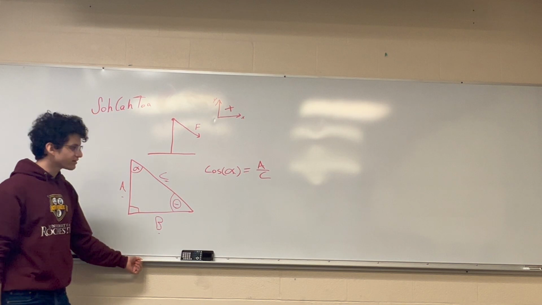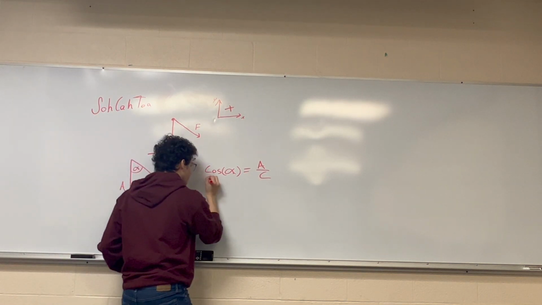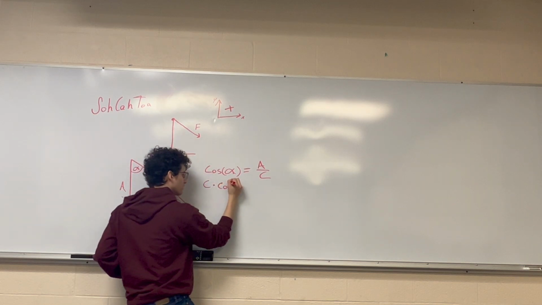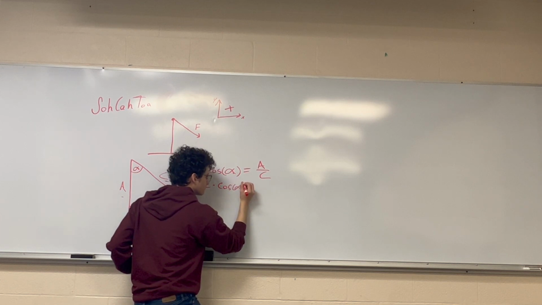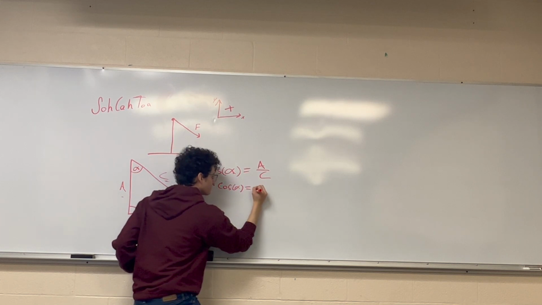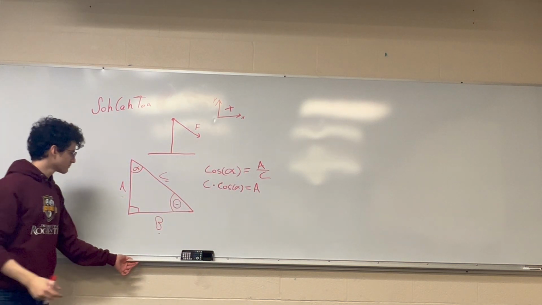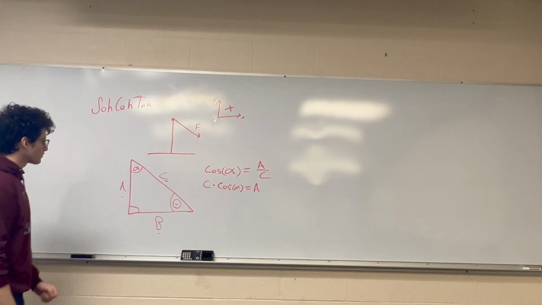But we can also rewrite this, just move this over, multiply both sides by C, and we can find that C times cosine of alpha equals A, right? And if we wanted to find B, we can apply the same thing. Opposite over hypotenuse.